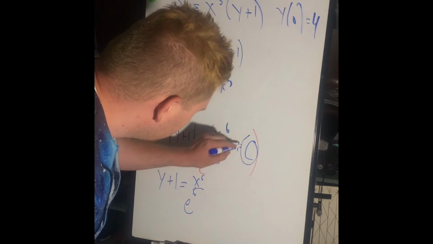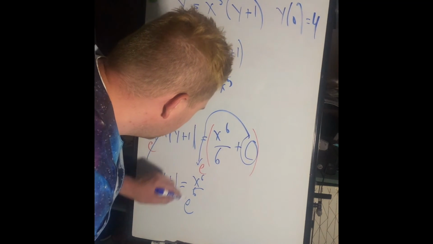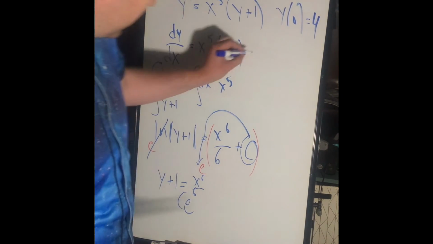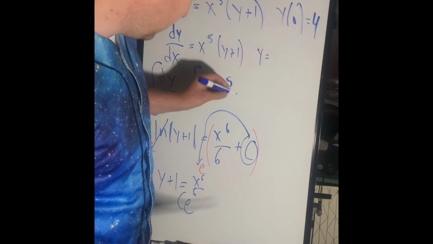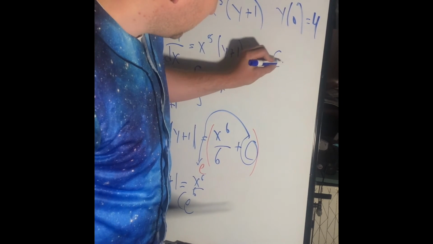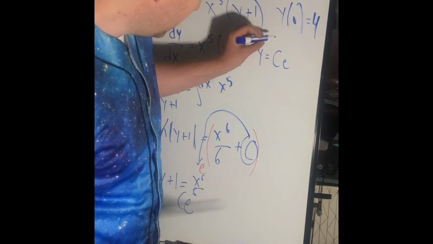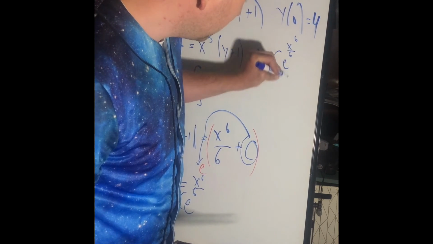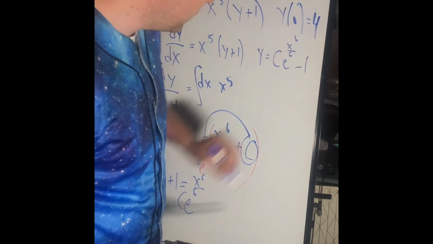And because this is a constant, it just goes to the front, c. And solving for y, it's y equals c e to the x to the 6th over 6 minus 1.